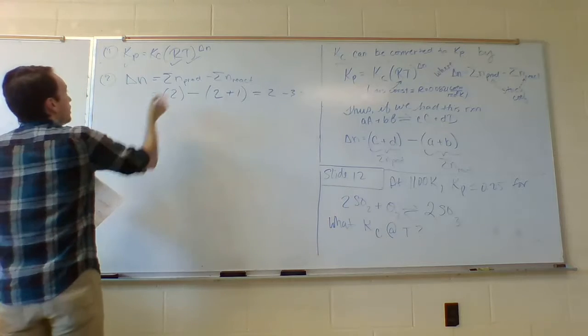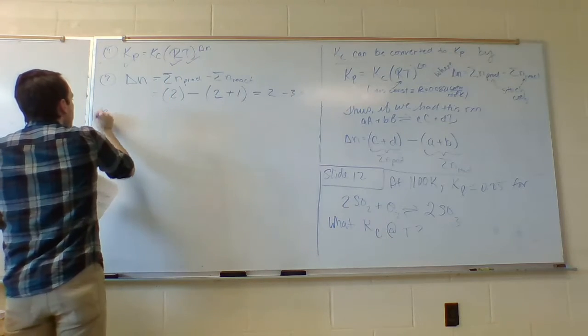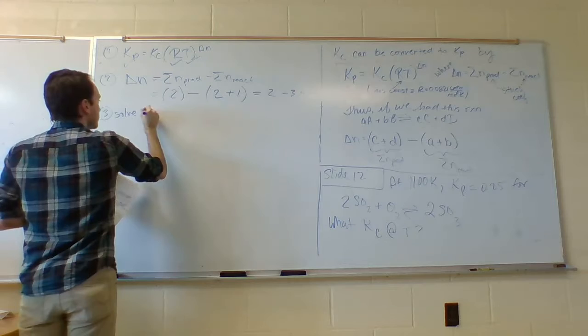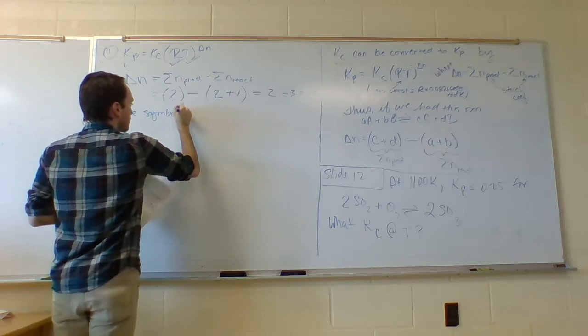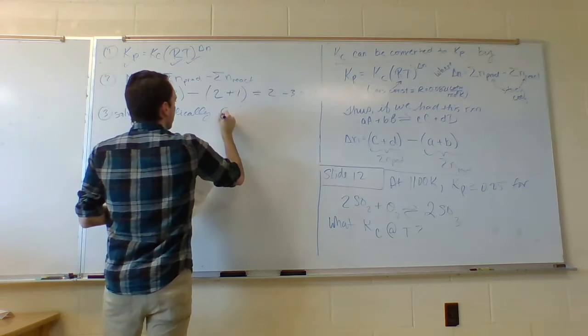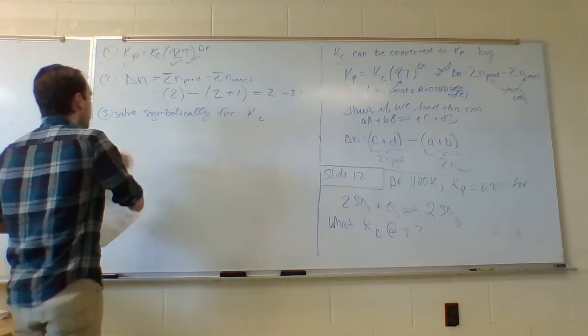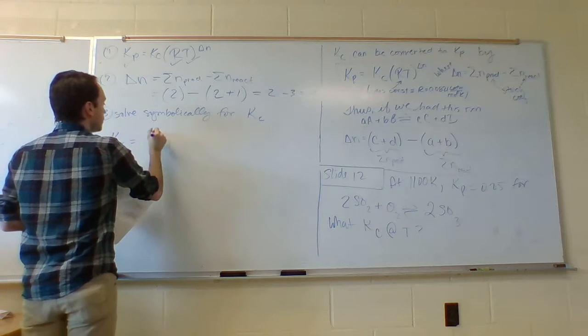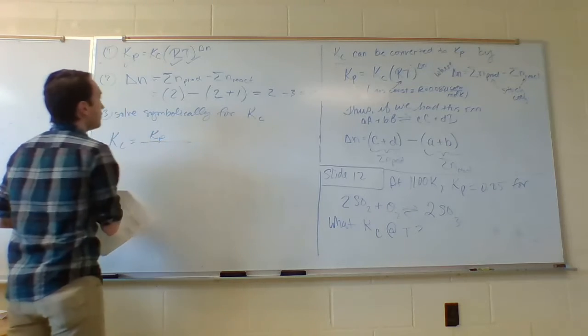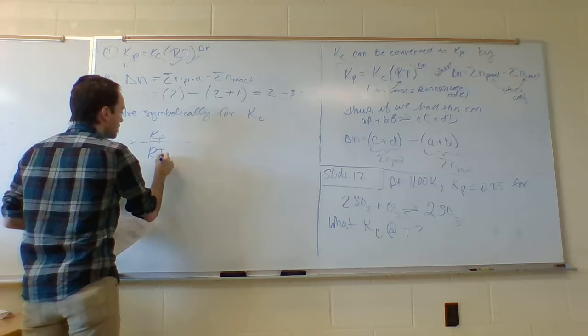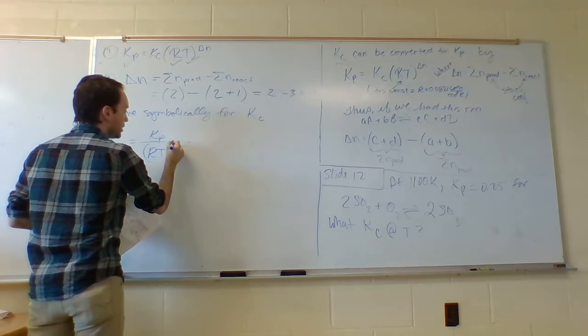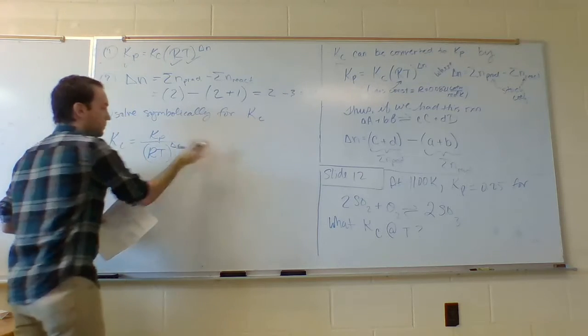All right? Now, let's solve this symbolically for what we want, and in this case, it's Kc. Right, so Kc is equal to Kp divided by the quantity RT to the delta N, right?